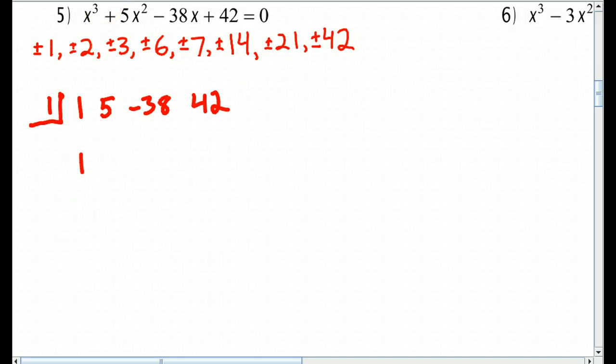Bring down the 1. It's all set up. 1 times 1. 1 times 6. 1 times negative 32. This isn't going to work, because I'd expect to get a negative 42 here for it to work.